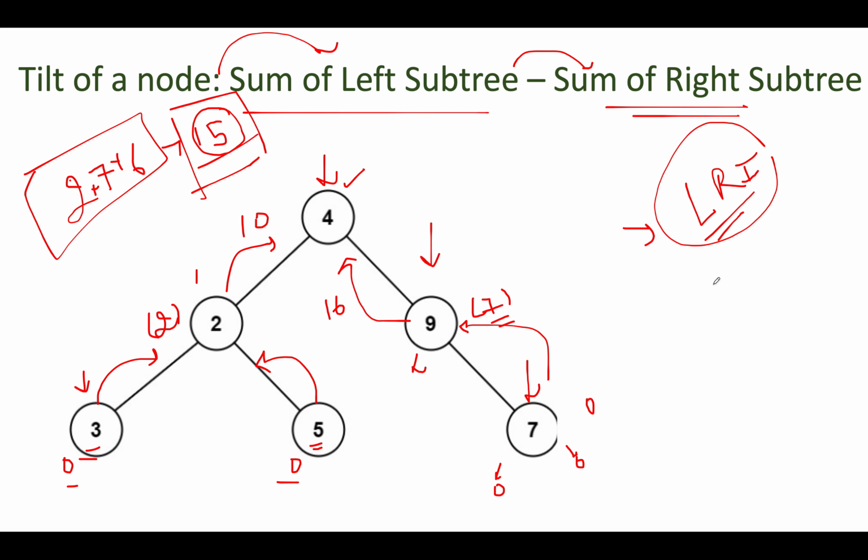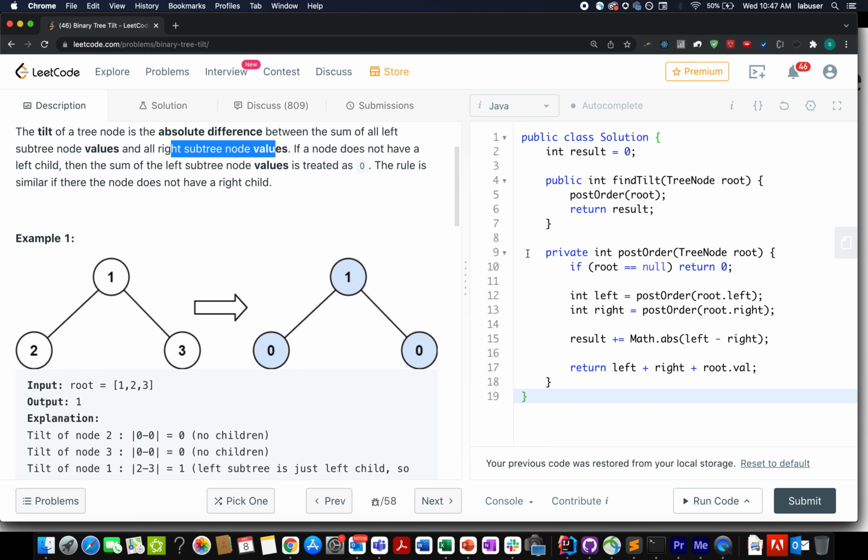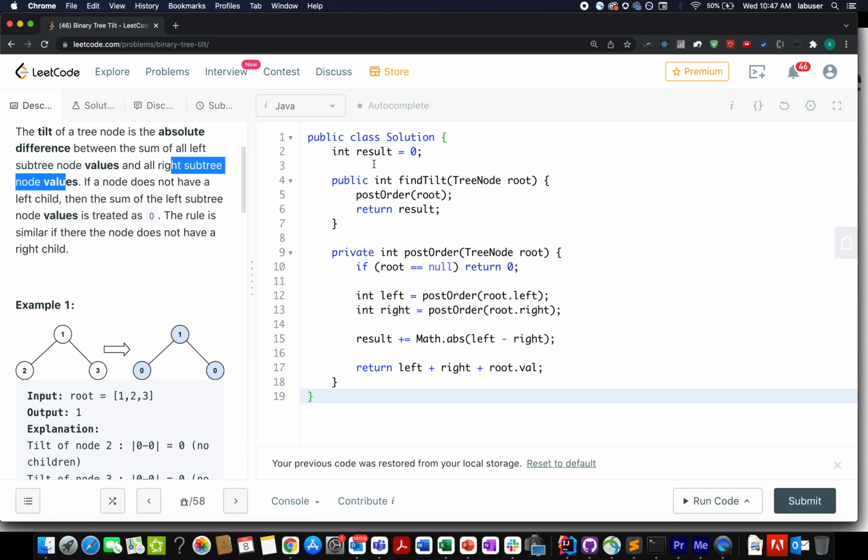Now let's quickly code this up, and it'll exactly follow the same steps as I've talked about here. So let's move on to the coding part, and let's create a private result variable. Let's start the post order traversal, and then we'll simply return the result. If my root happens to be null, I'll return 0. Otherwise, I'll go and calculate the left subtree sum.